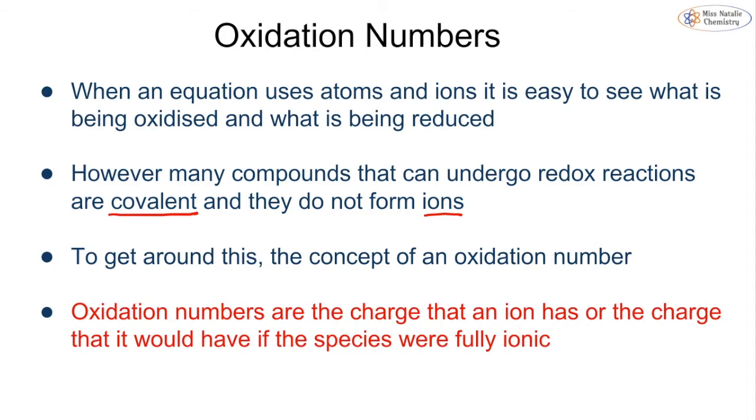So to get around this, scientists came up with the concept of an oxidation number. And an oxidation number is either the charge that an ion has or the charge that it would have if the species was fully ionic. So we imagine that if our covalent compound was an ion, what charge would it form? And that number is then its oxidation number.